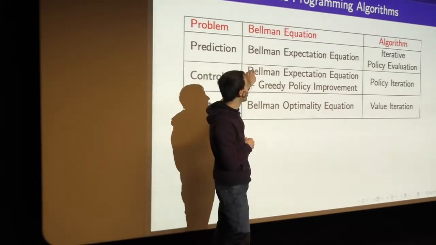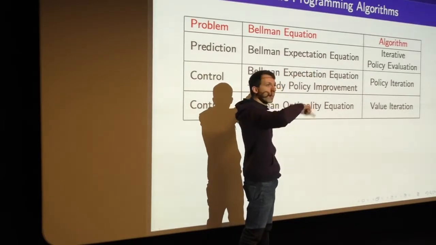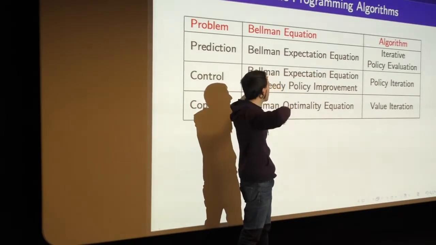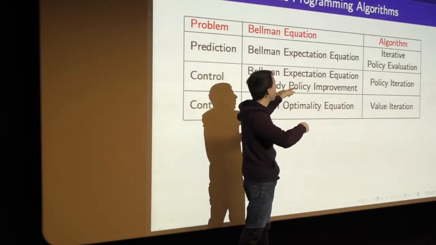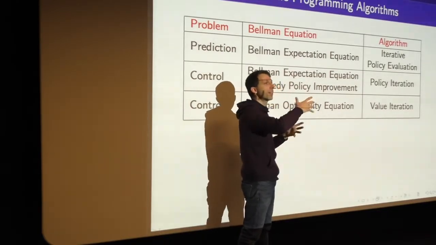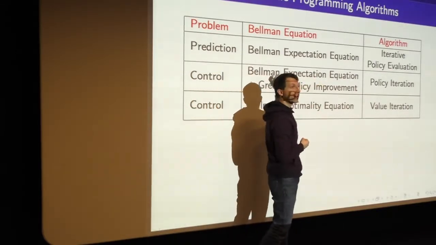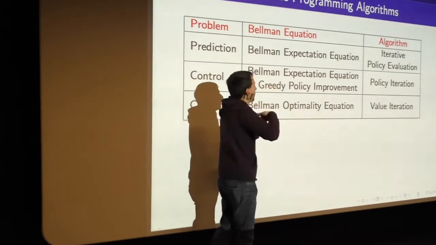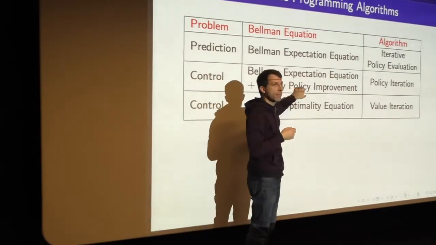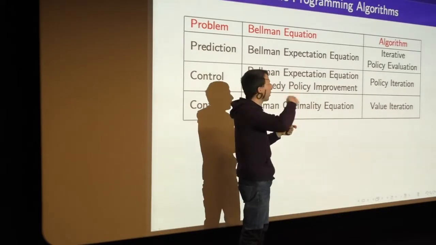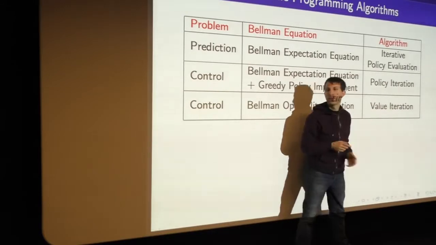The first approach was to again iterate over the Bellman expectation equation to evaluate your policy, but then alternate that evaluation with policy improvement. We first use the Bellman expectation equation to solve for V pi, and then we act greedily with respect to V pi to give us a new pi. We alternated that process, and that gave us the policy iteration algorithm.